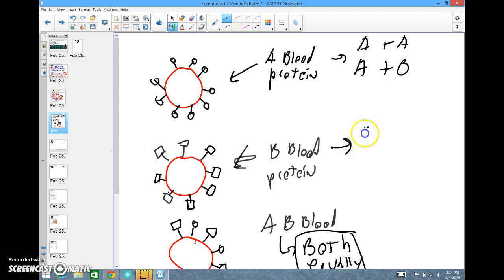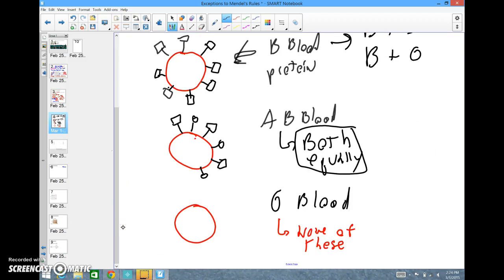You could have B blood that's B plus B, or B blood that's B plus the O allele. Now down here, you have AB blood. The only way to get this is to have one copy of the A allele and one copy of the B allele. And then down here you have O blood, where none of these proteins are present.